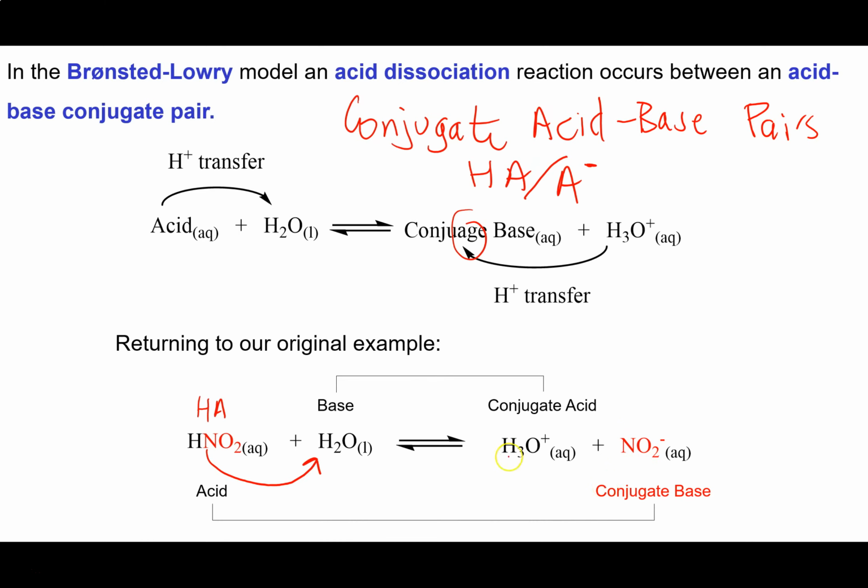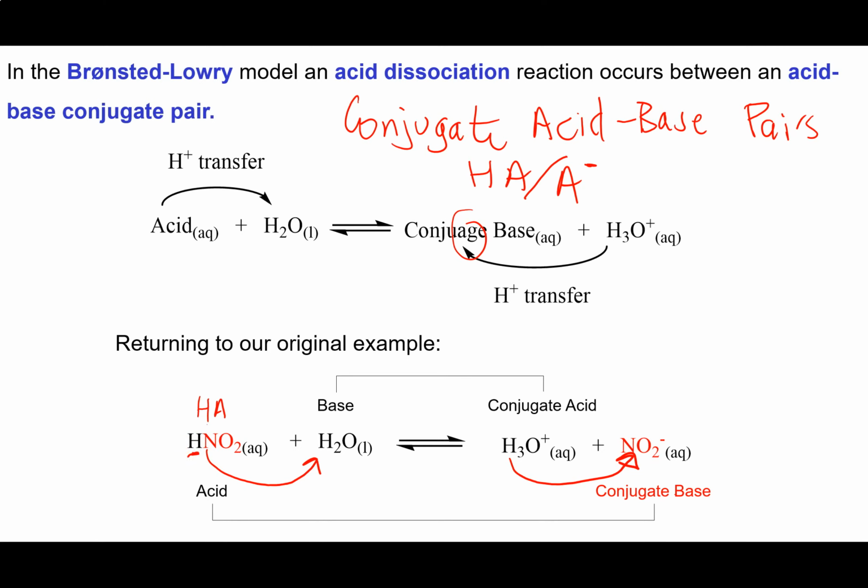In the reverse reaction, the conjugate acid that was formed, the hydronium ion, donates a proton to our conjugate base, the nitrite anion, functioning as a proton acceptor at this point, and then that generates our acid. So we have an acid and a base, and the only difference between them is 1 proton.